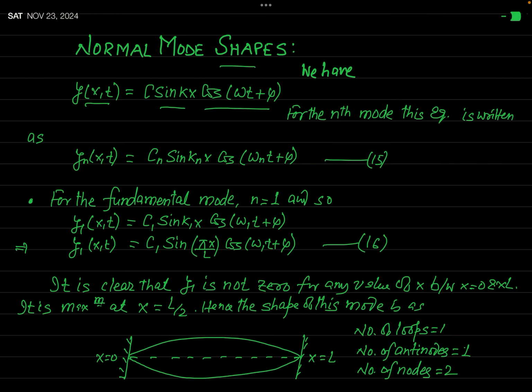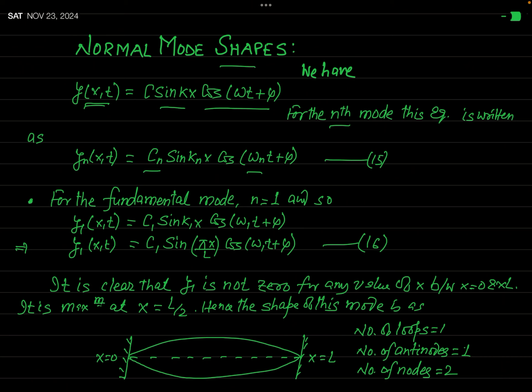Now for different modes, this y will have different values. So let us think about the nth mode of vibration. For the nth mode, we write y as y n, C as C n, k as k n, and omega as omega n. So I have made these changes.